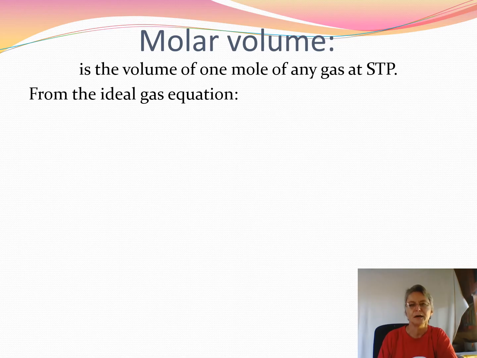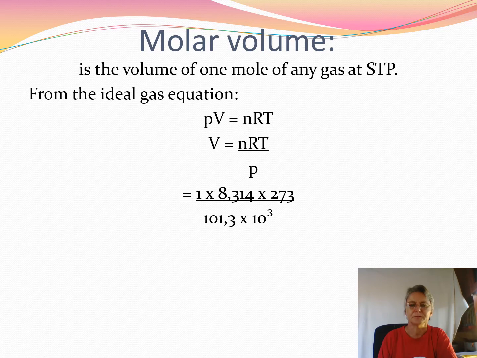So from the ideal gas equation, we're going to calculate the molar volume of a gas. PV is nRT. We get the volume is the moles times the gas constant and the temperature divided by pressure.